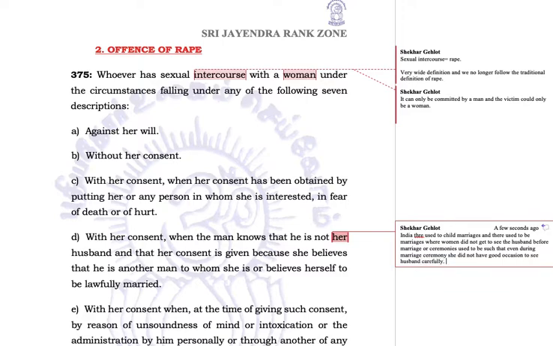There used to be child marriages. A woman was not aware of who she was married to. She did not know her husband.